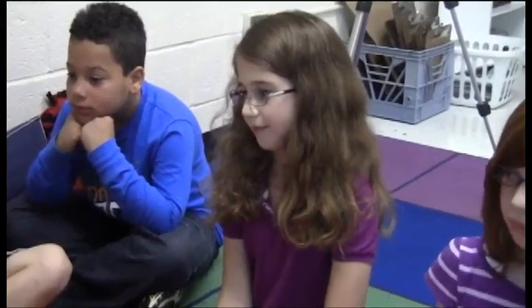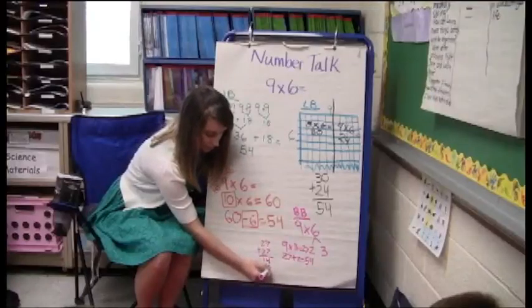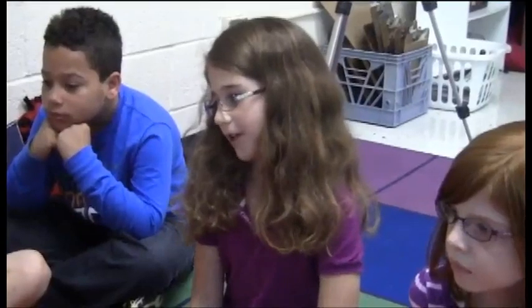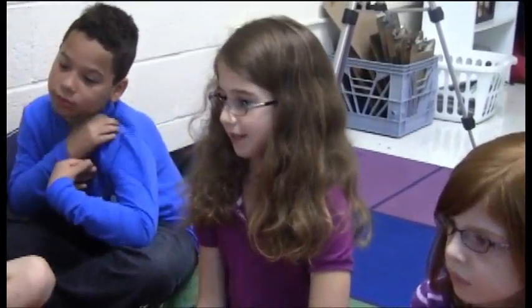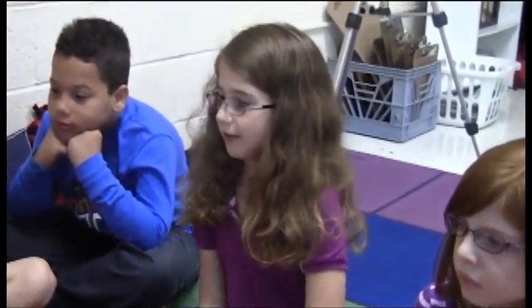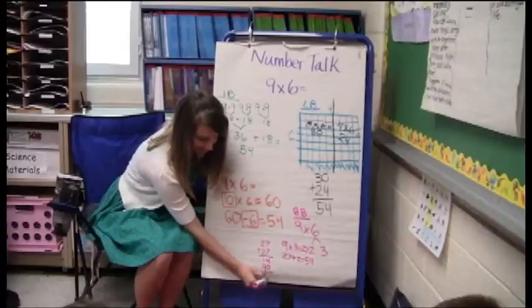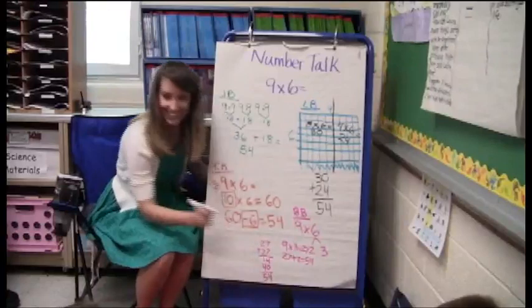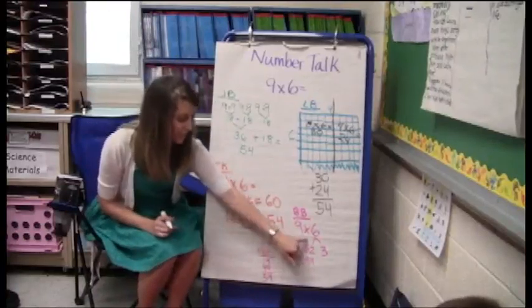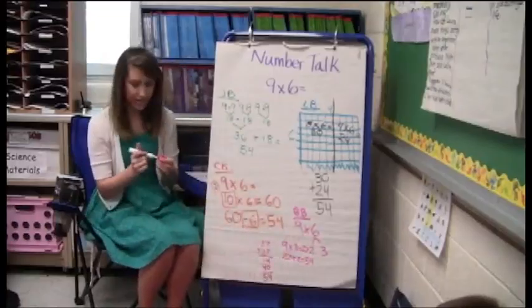And then 20 plus 20 equals 40. And then 14 plus 40 equals 54. Wow, you did all that in your head? That's amazing. And how did you know to decompose 6 into 2 and 3?